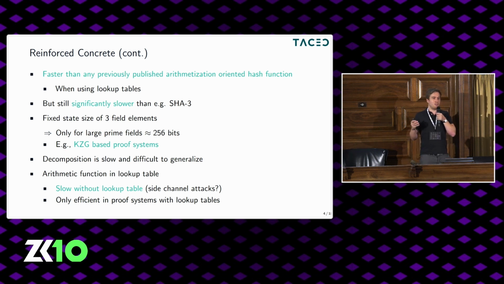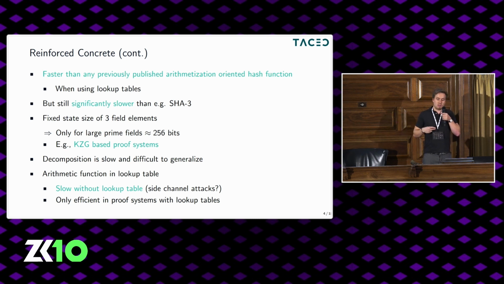And a different problem is that when we implement Reinforced Concrete for just hashing, we have to rely on lookup tables for getting better plain performance. That is since the function that we evaluate with this lookup table is very slow, so we need this lookup table for fast plain performance.